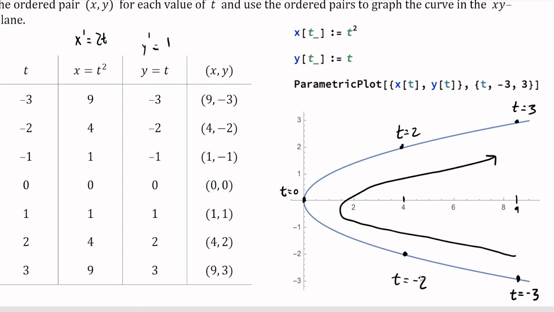So I know I'm going to be going that way. What's the y going to be doing? Well, so let's see. I take the derivative. I get 1. So it doesn't matter what I plug in here. y is always going to go up by 1 as I increase t. So I'm going up and left. Okay, so I definitely am going this way around the curve. So just kind of a valuable thing to be able to play around with to get an idea what these pictures should look like. But of course, you always have this ability too to graph these things, which is super nice.